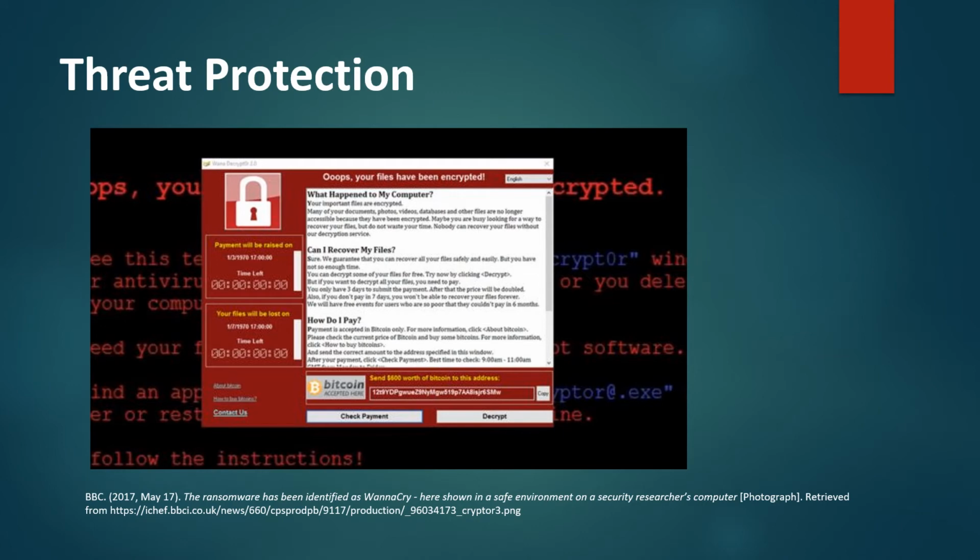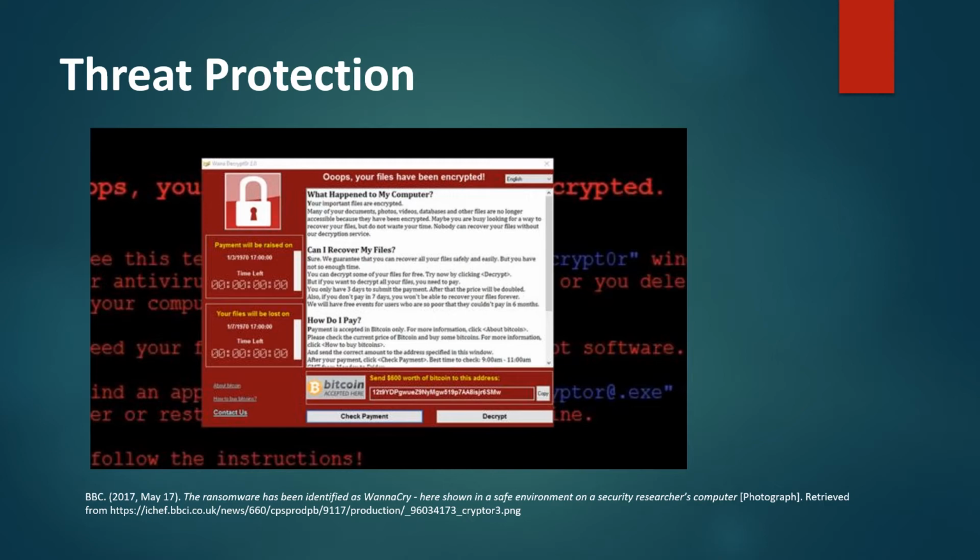A good example of anti-sandbox or anti-analysis techniques is the WannaCry Ransomware. The attack took place in 2017. It spread across the world, and especially health centers in Europe took a big hit.